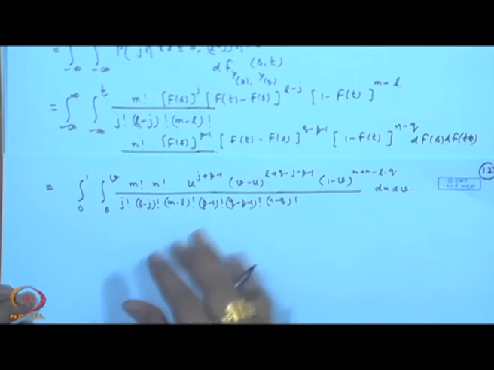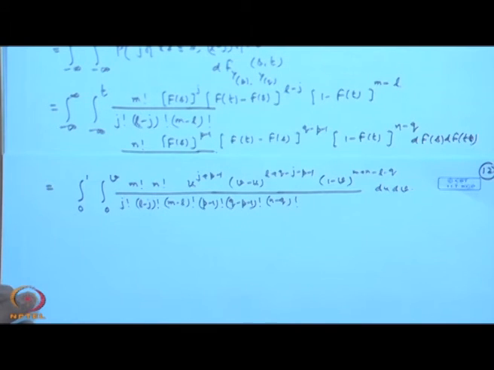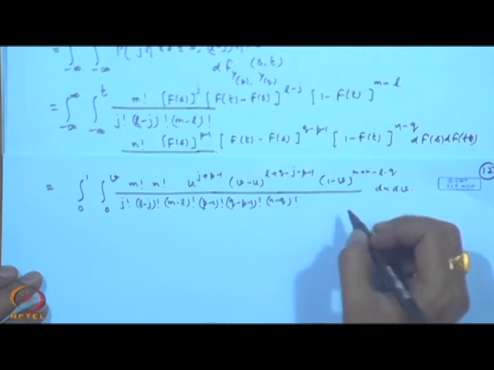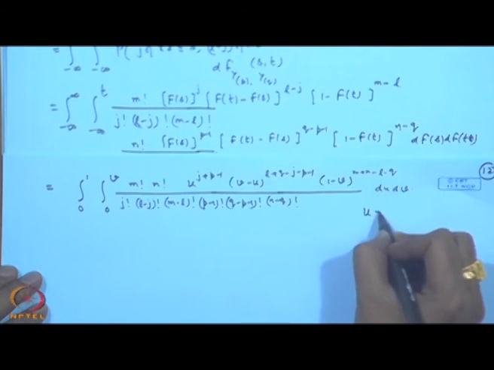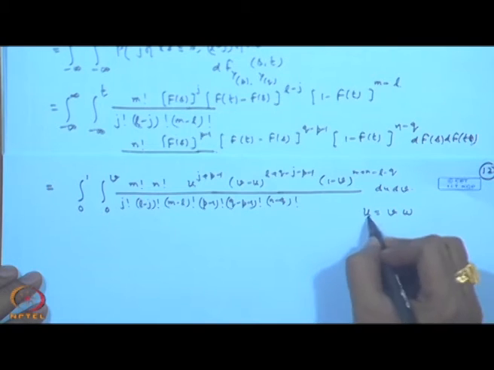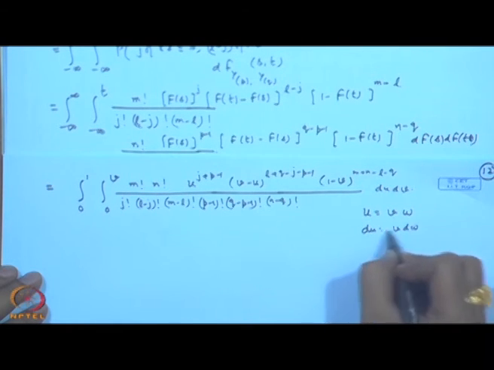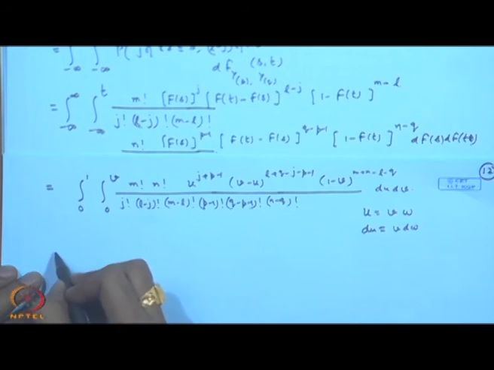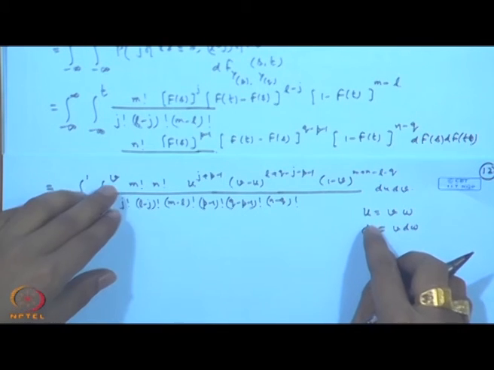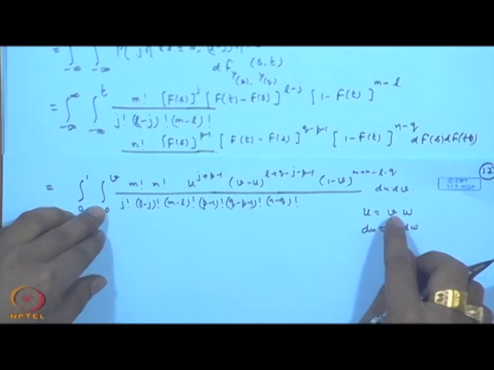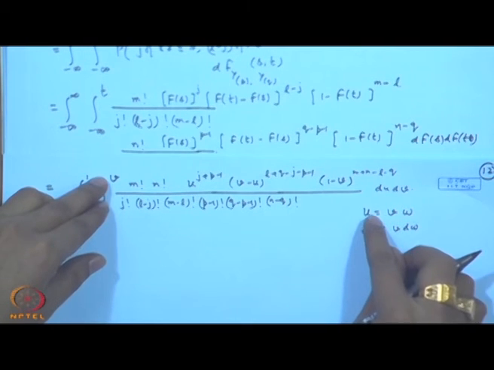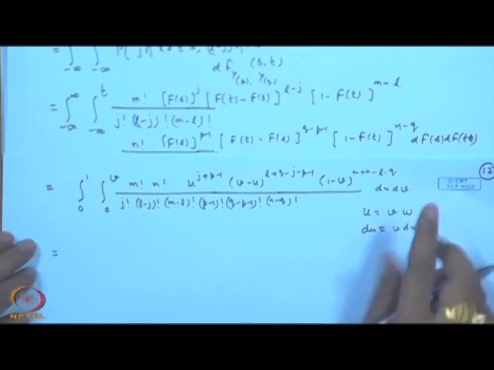So, this is actually a bivariate beta integral, and this can be easily evaluated. In fact, I can show you the method of calculation. Let us put, say, u is equal to v w, that is du is equal to v times dw in the inner integral. In the inner integral, if we put this, then when u is equal to 0, w is 0, and when u is equal to v, w will become equal to 1.